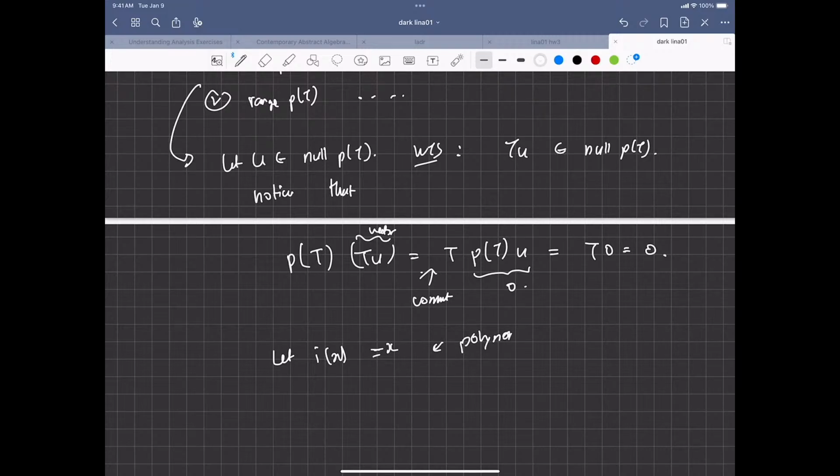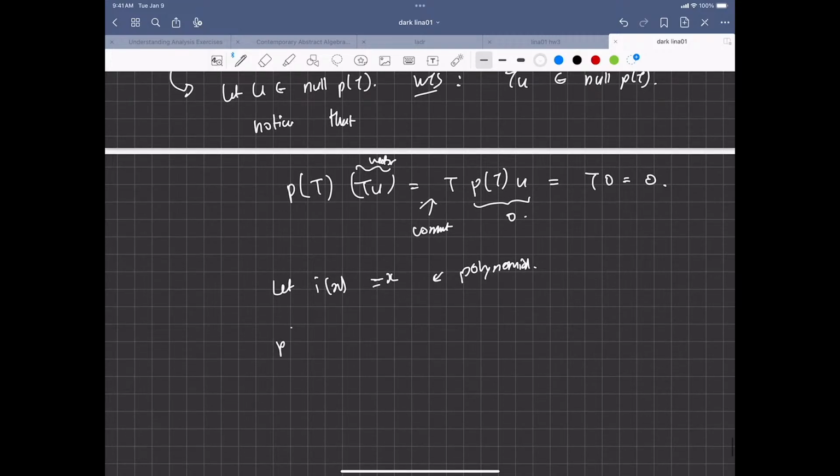So what we're saying here is that P of T, I of T equals I of T, P of T, u. If you're confused about why this justification is fine, what we're really saying is that T equals I of T, so we're applying the identity polynomial to it.